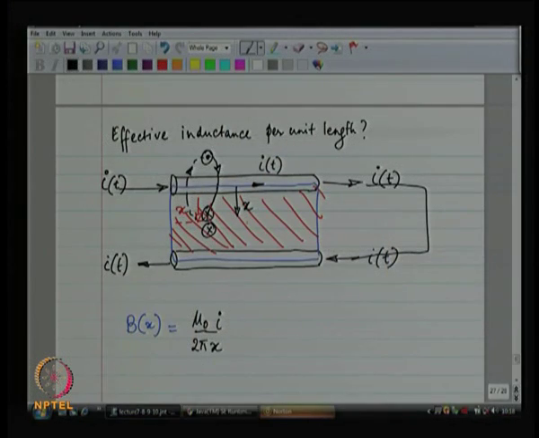Now, this is not telling me anything about the return current. Return current we are going to do later. So, I am going to assume that the return current is going to add some more magnetic field to the original. If this is x and let us say this is y, then the return current is going to create another portion.